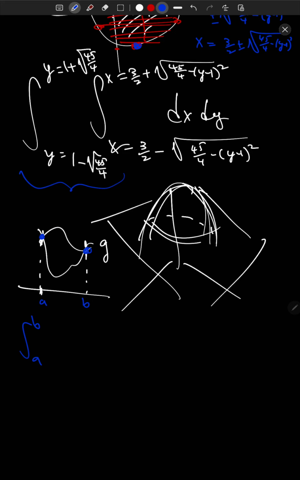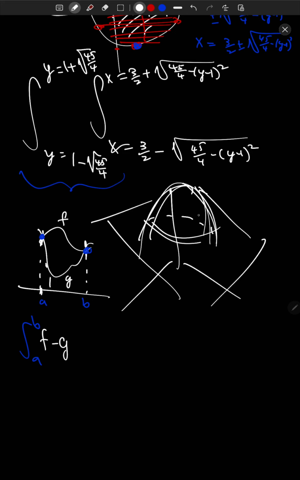Let me make this a little more obvious. This is f on top, this is g on the bottom. To get the area between them, that's essentially the area under the top one minus the area under the bottom one, so f minus g. Now it's literally the same idea.